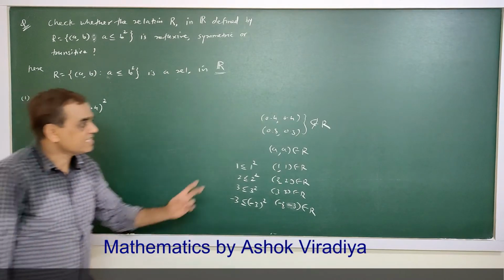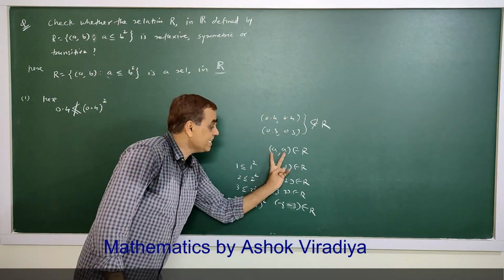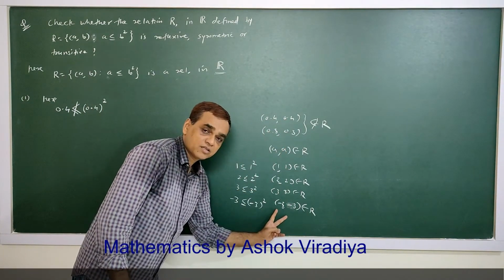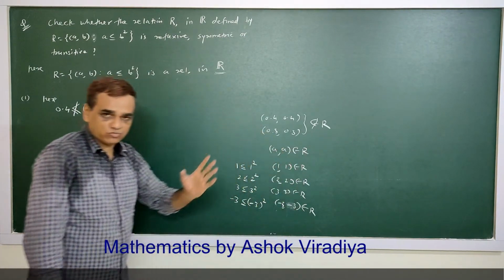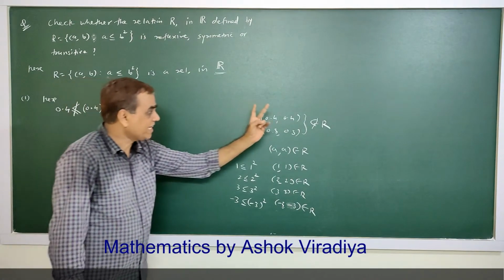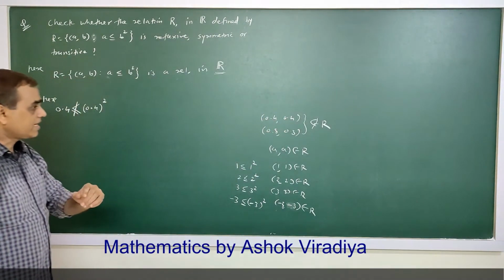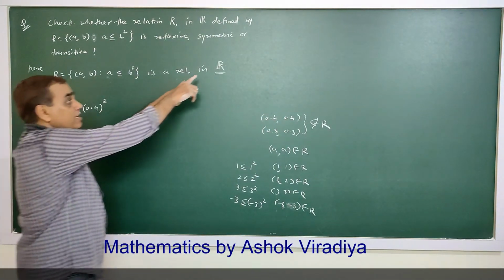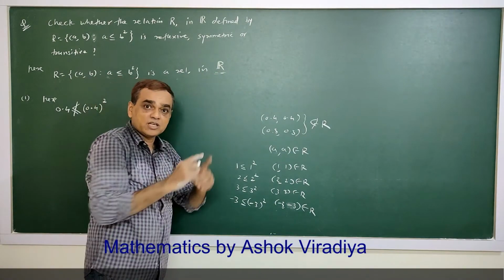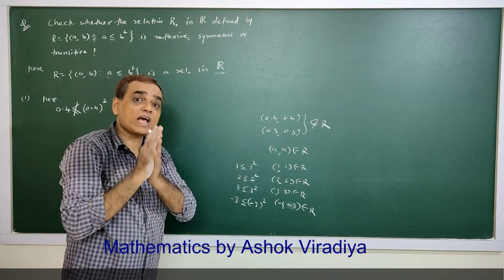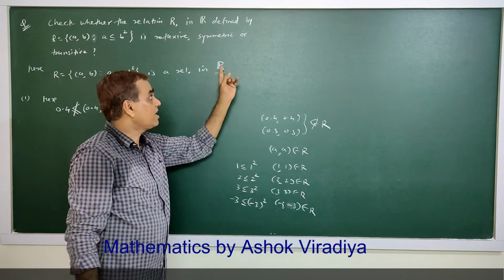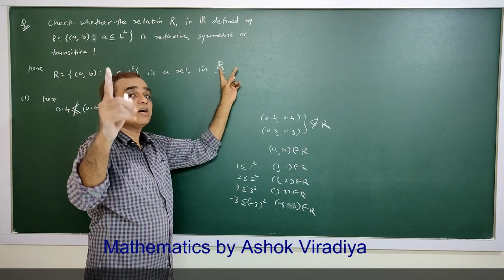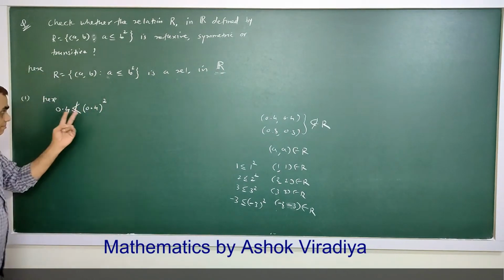So don't consider only integers. If you consider integers, then you will make the mistake that it is reflexive. But if you think about a non-integer number, we have to check for every real number. R is the set of real numbers, so don't miss thinking about any real.